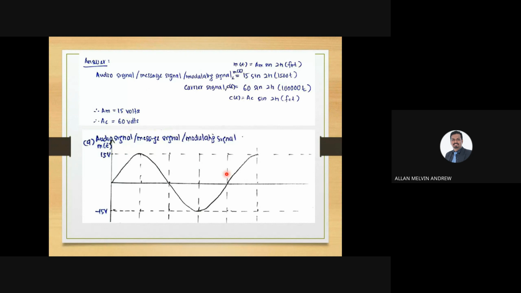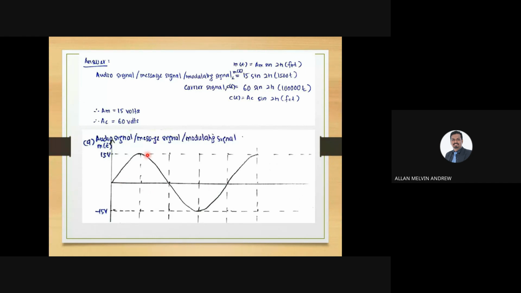First, you draw the audio signal. How do you draw it? This is your y-axis, this is your x-axis. First you see the amplitude of modulation, 15 volt. So you draw 15 volt and negative 15 volt, and in between you have a sine wave. The top is 15, the bottom is negative 15, and the signal goes in this form.